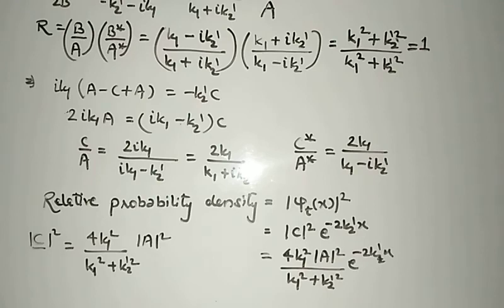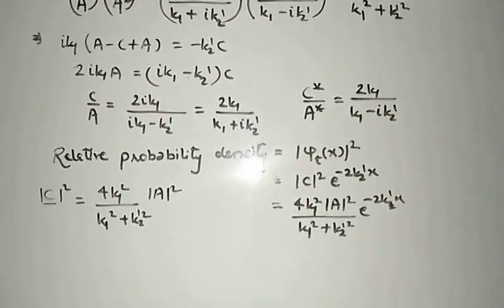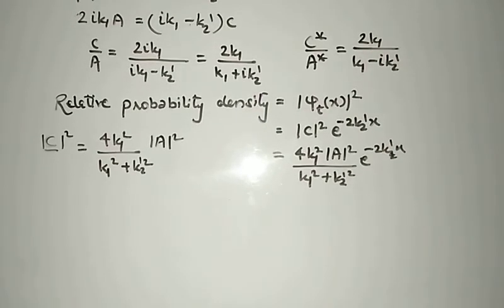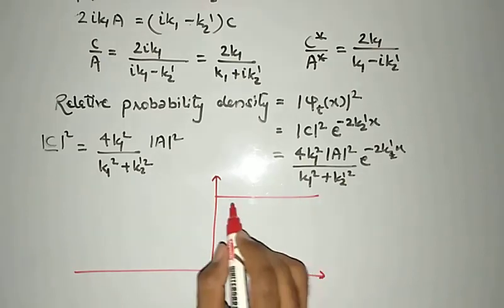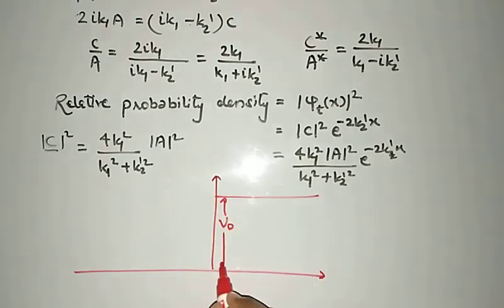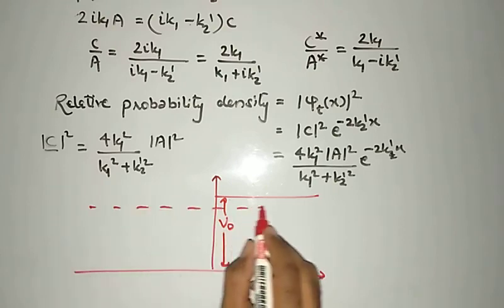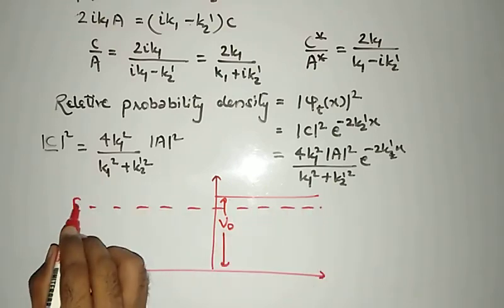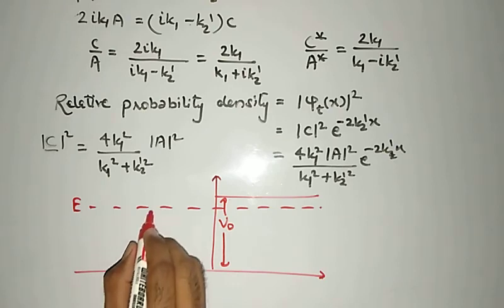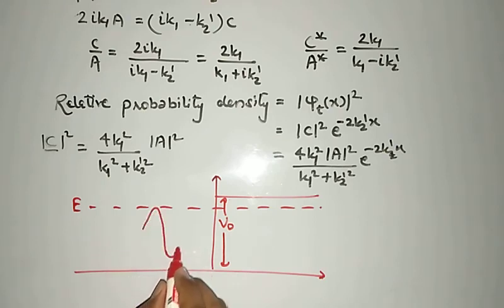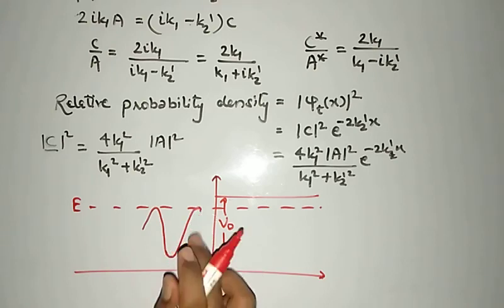We can see a short diagram. What we have found is a figure like this: region first, region second, with a potential V naught, and drawing here waves of energy less than V naught, that is E. What is important is this one.